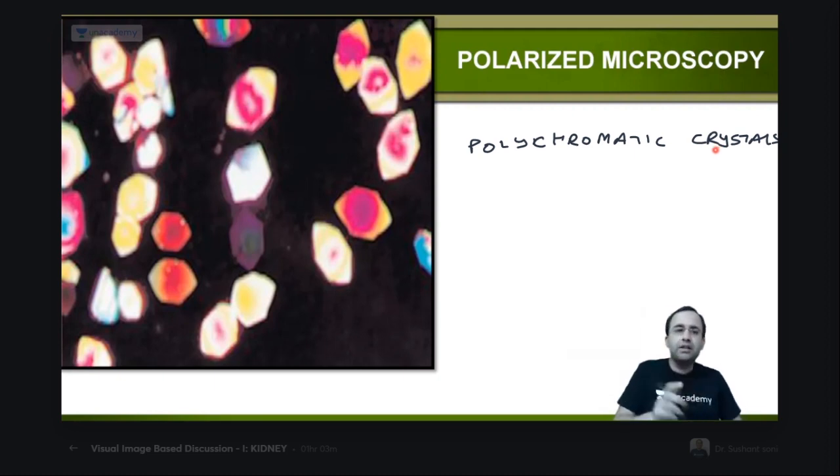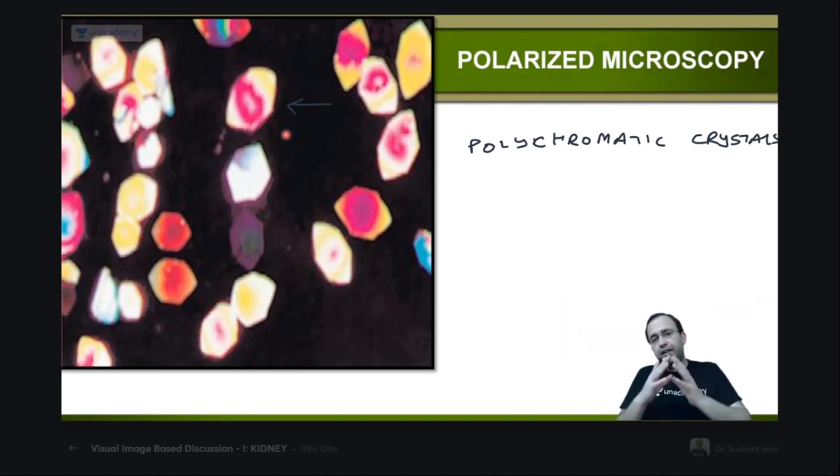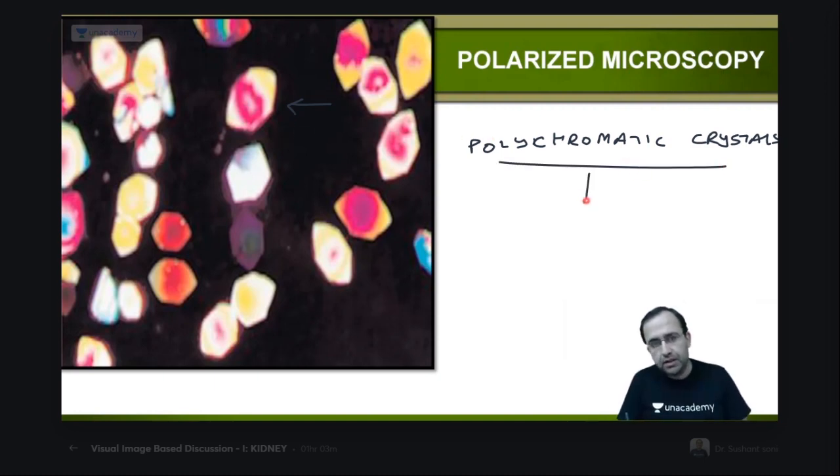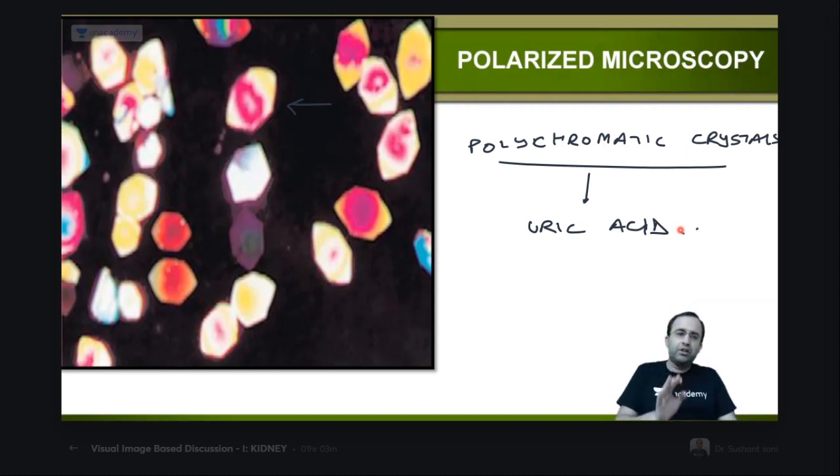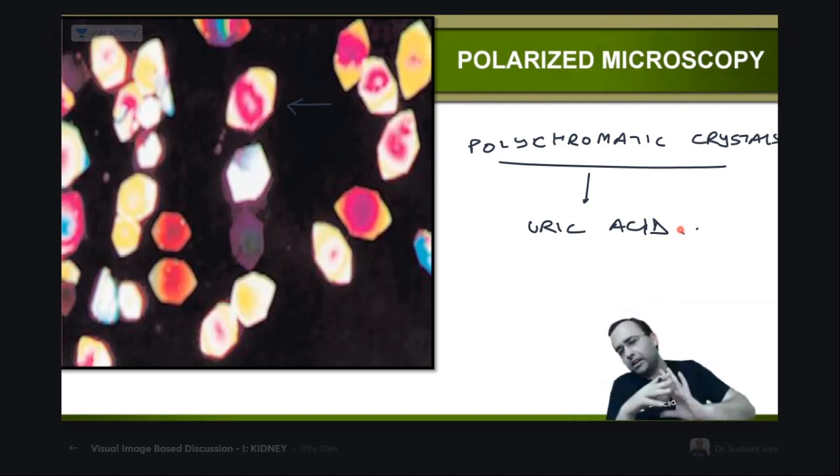Ayushi, the answer is uric acid because firstly they are of varying sizes and they are polychromatic, with many colors, which is the characteristic feature of uric acid stones. Under a polarizing microscope, if you are seeing a multicolored crystal, that is uric acid.